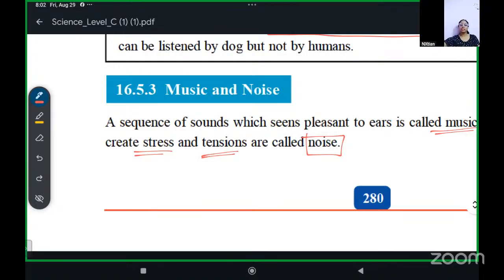So this is what happens. It damages our hearing when we hear loud noises all the time. The same thing happens if you hear loud music for prolonged hours with headphones.